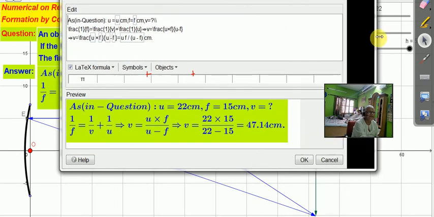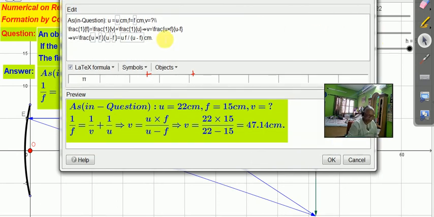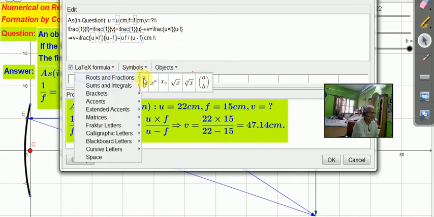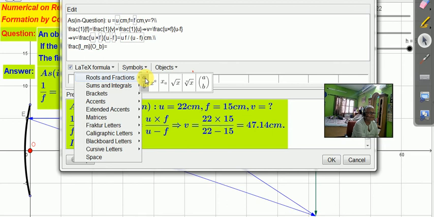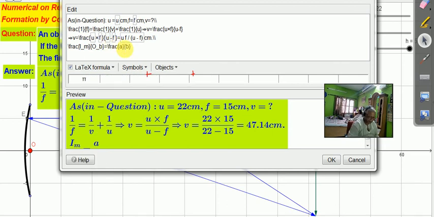As you know very well, the ratio of the image height and the object height is always equal to the ratio of v and u.